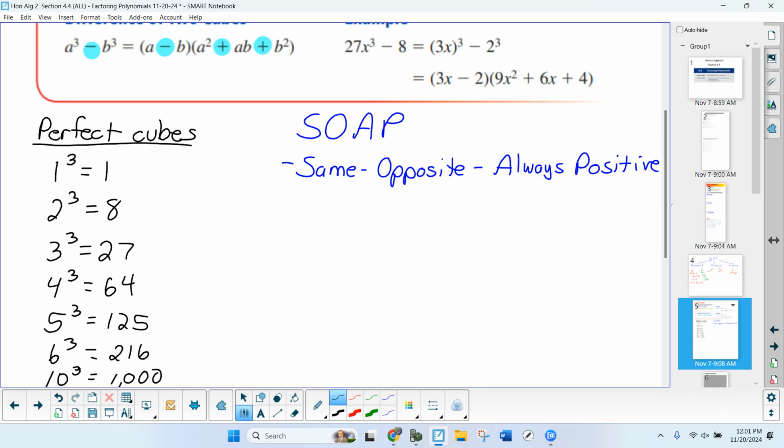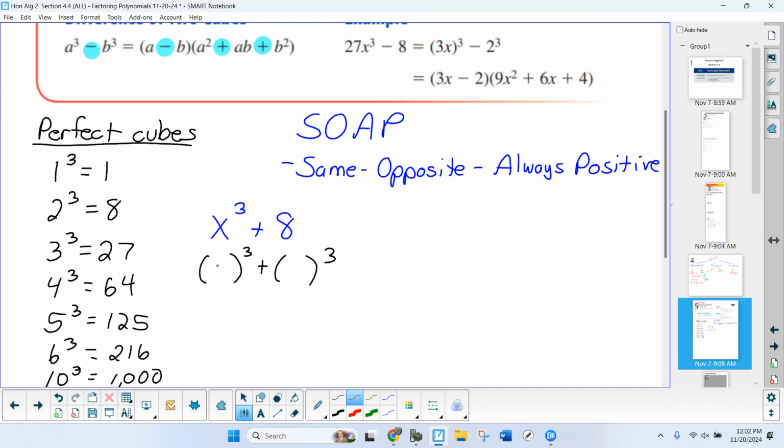So if I give you the problem x cubed plus 8. Do you have a GCF? No. Do you have two perfect cubes? This is what cubed plus what cubed. This is just what we did when I taught difference of squares.